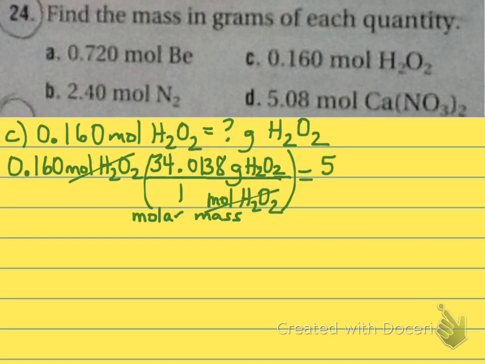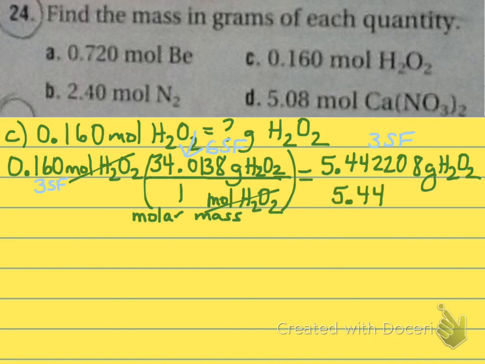So my calculator gives me 5.442208 grams of peroxide. Looking at significant figures, I have 3 sig figs, and I did 6 sig figs here. So my answer can have 3 sig figs, right? And we need to make sure this number here has at least 3. So my answer, correctly rounded with 3 significant figures, would be 5.44 grams of peroxide.